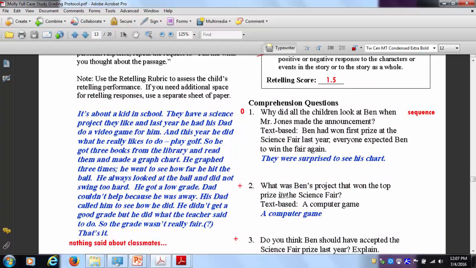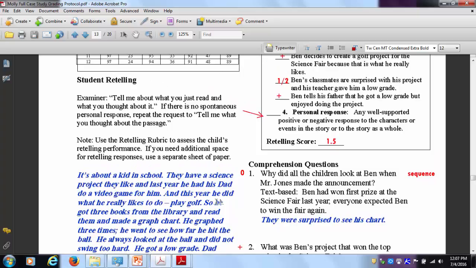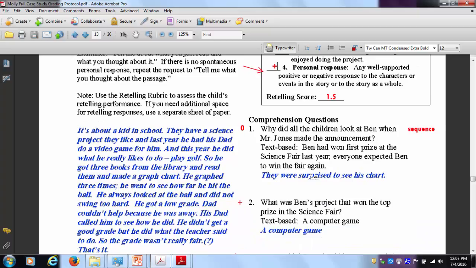So the grade wasn't really fair. Now, whether you agree with this or not, that's Molly making a critical judgment. And when she does that, she has what we call a personal response that has a deep reaction to it.